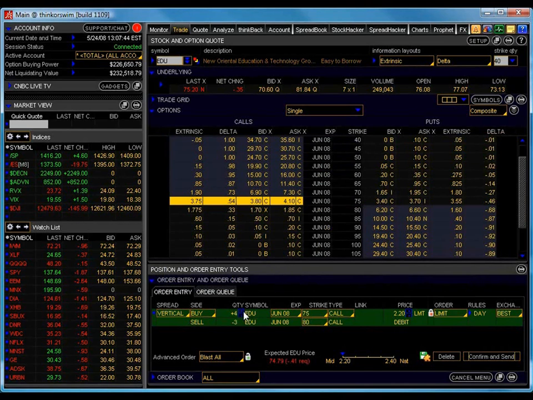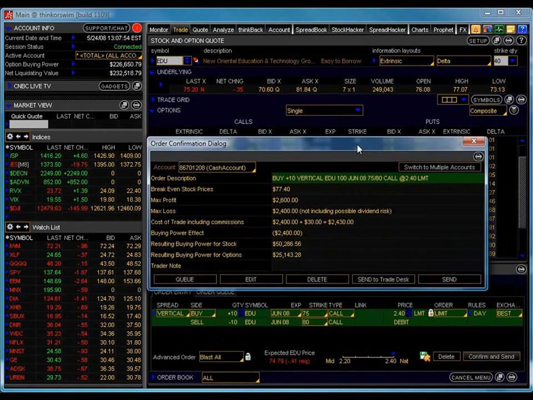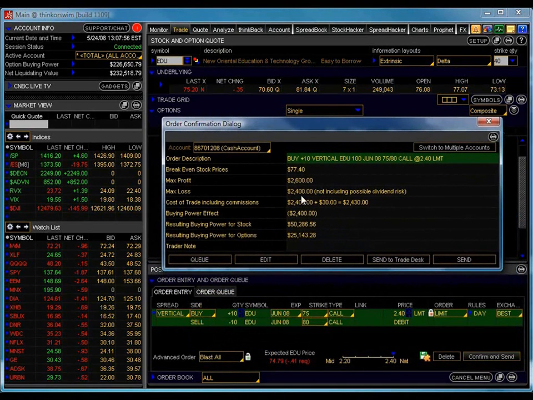If you were to put a 10 lot on these, let's see what the difference in the price is. If we were to enter this at the retail price of $2.40, we would be paying $2,400 plus $30 in commissions, or $2,430. Our maximum profit is $2,600.